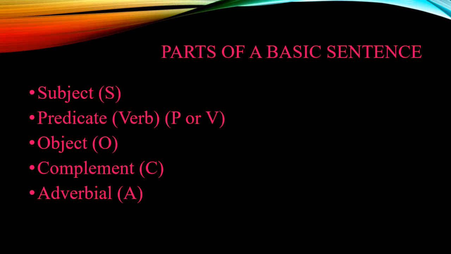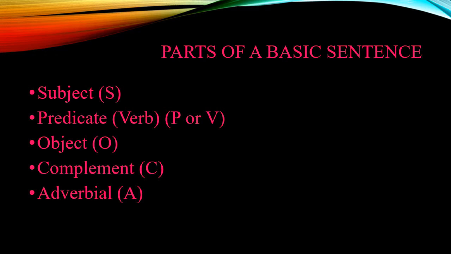Then we have the predicate or the verb, that is, a finite verb used normally with a subject and a tense. It may be transitive or intransitive, be type or become type, has or have type.